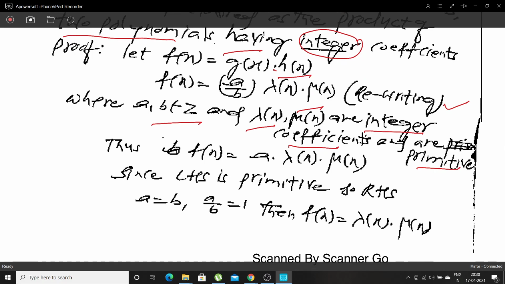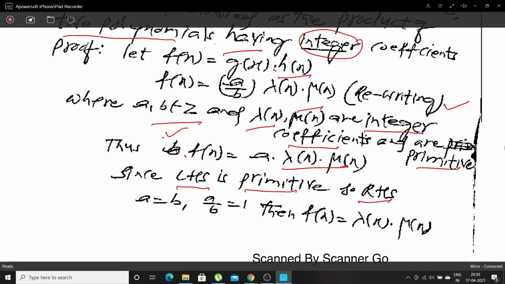When you cross multiply, what do you get? We get b dot f of x is equal to a into lambda of x into mu of x. Since the left hand side is primitive, that means the GCD of the coefficients is 1. Therefore, the right hand side is also what? Primitive.